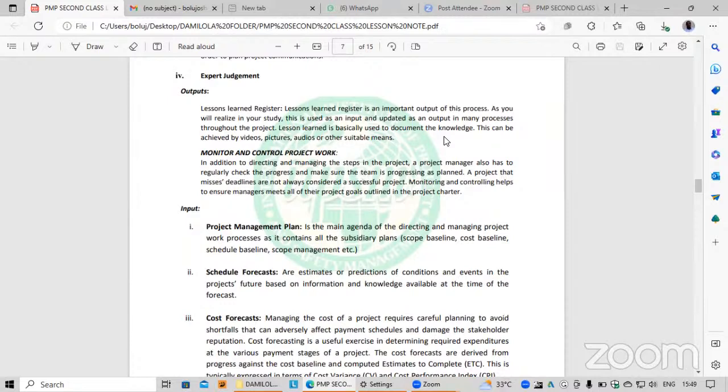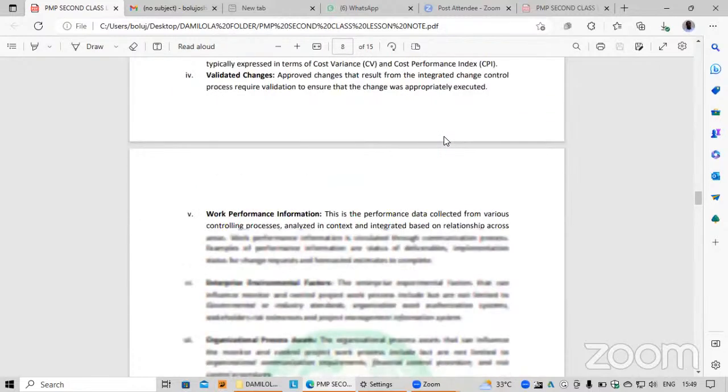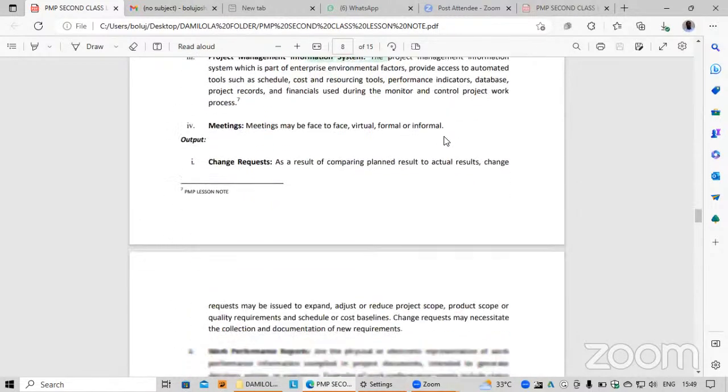If they are procuring materials, possibly raw materials that will ensure the success of that project. Now, all of these are inputs that he could leverage upon to ensure that he successfully monitors and controls the project work effectively. So it is his duty to monitor and control the project work.